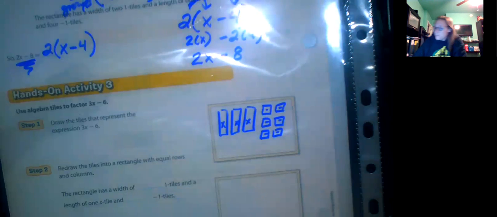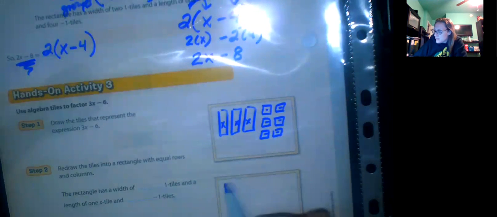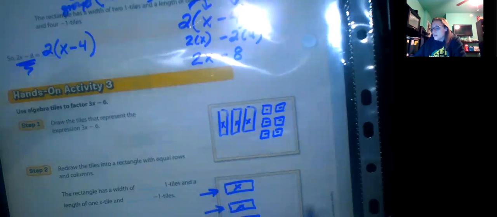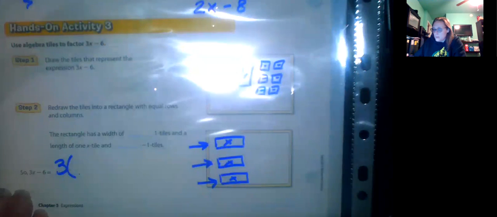All right, so it says redraw the tiles into a rectangle with equal rows and equal columns. So the first way to try to do this is to break it up into how many X's you have. So if you have an X here, an X here, an X here, so this is group 1, group 2, and group 3. Okay, so I believe we're going to have 3 groups of something.